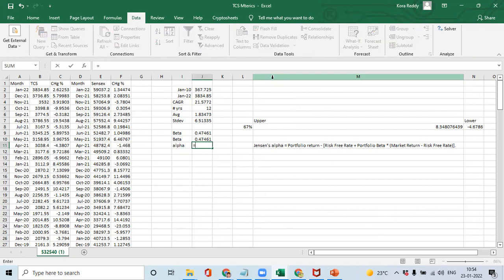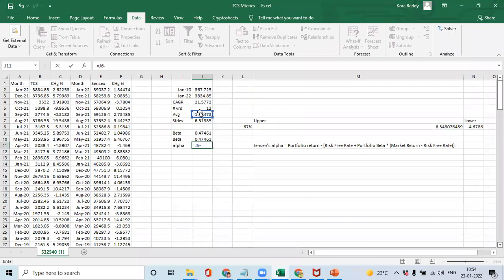Average TCS returns minus risk-free rate, which is 3.5, but I'm not using 3.5. For the simplicity's sake, I'm just setting that risk-free rate as 0, just to be simple, right? So that will go away. Then minus portfolio beta.